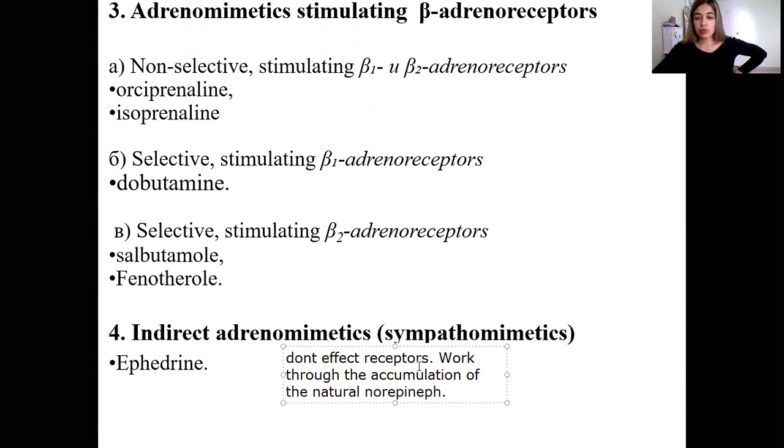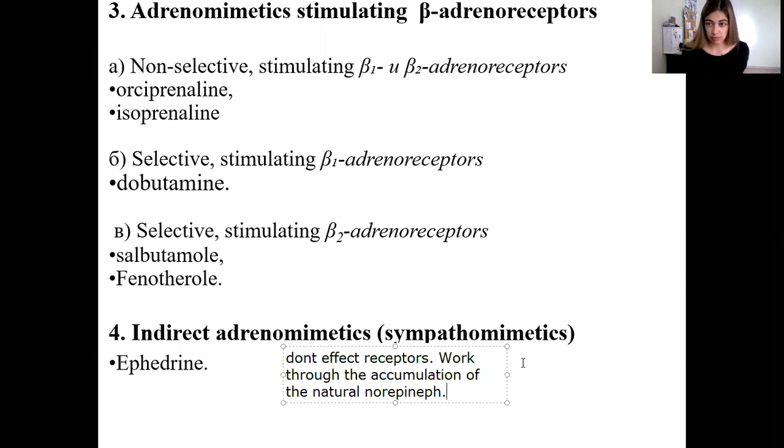In this case, norepinephrine will be synthesized in the vesicle, and with the help of this drug, a bigger amount of norepinephrine will be accumulated in the synaptic cleft, and it will work better, stimulate the receptors better.